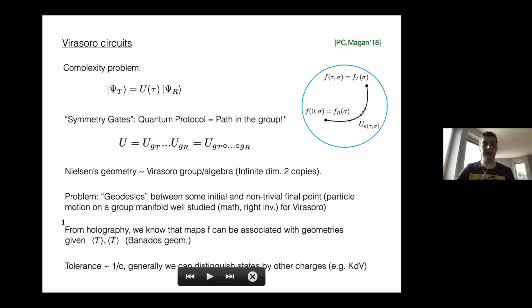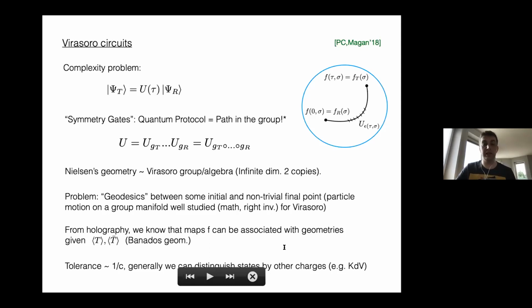The interesting thing about this is that in this universal sector, in each of these points, or at least with each map f and f bar, we can associate the so-called Bañados geometry if we give a value of some Schwarzian of this function. So for functions that have the same Schwarzian derivatives, we can find some Bañados geometry that corresponds to a particular transformation.